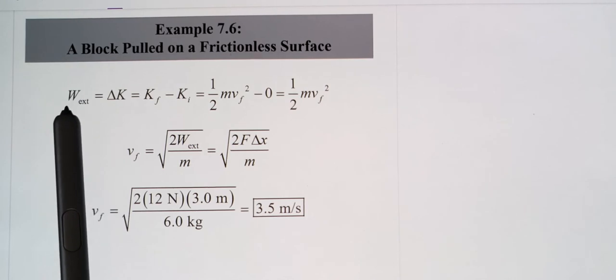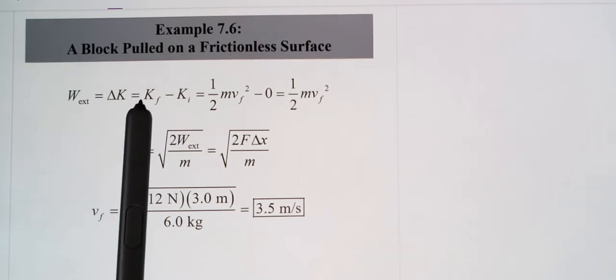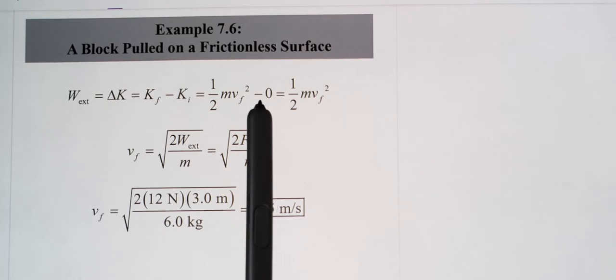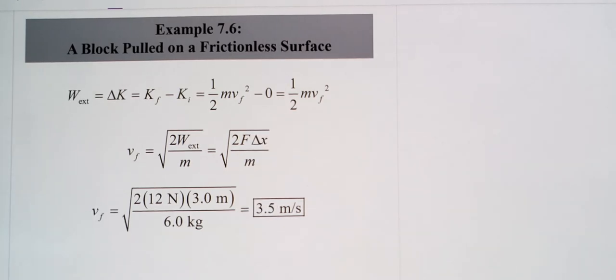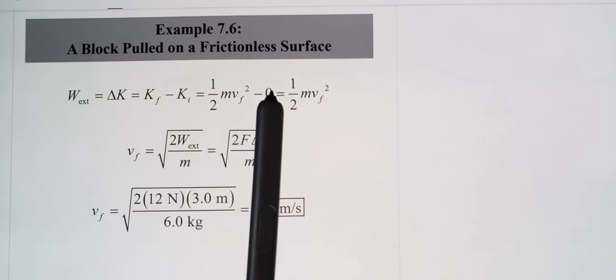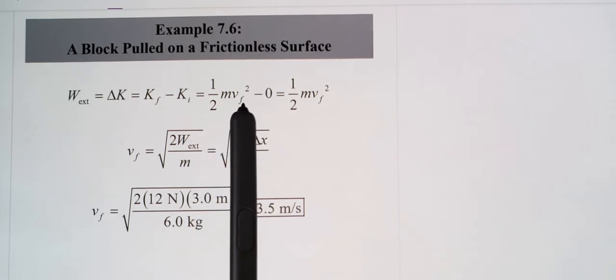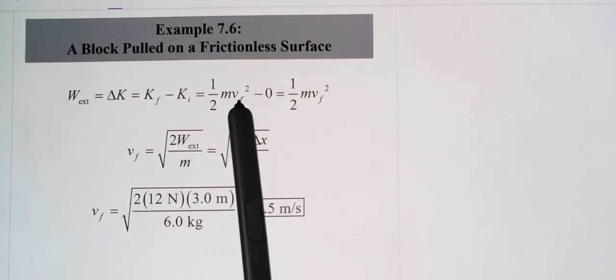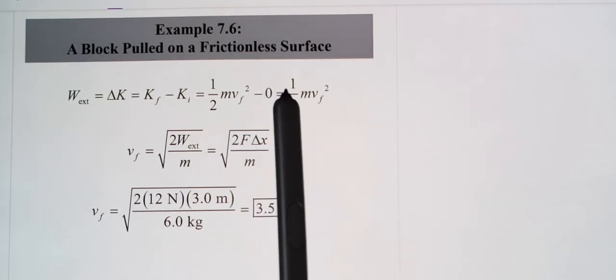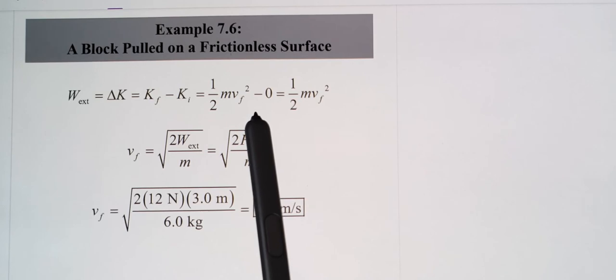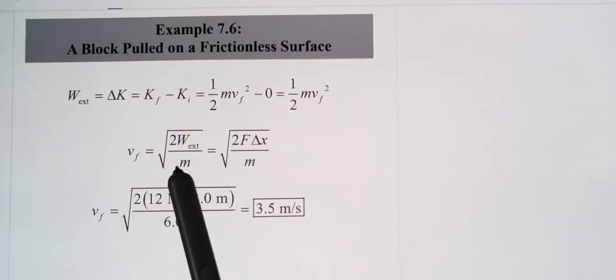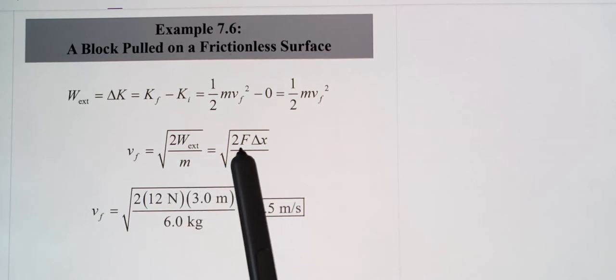So work external is the change in kinetic energy. It started from rest, so K initial was 0. V final is the one that we are looking for. So V final is the square root of 2 work external divided by the mass. And what is the work?